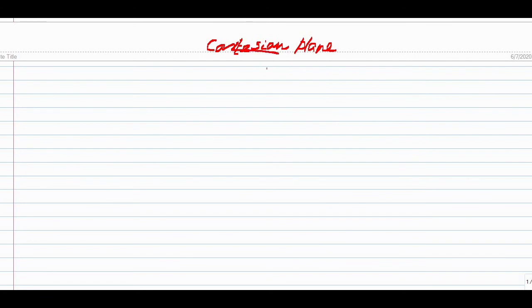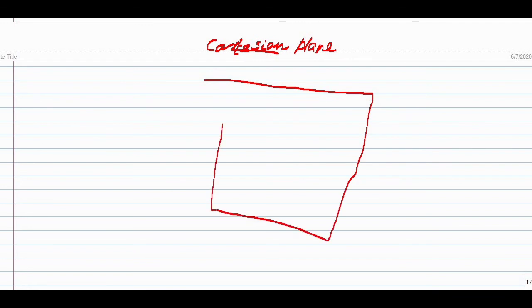Now what is a Cartesian plane? These words like Cartesian plane or Cartesian system are based on René Descartes. To honor René Descartes, it was named. So a Cartesian plane consists of a plane which is divided into four parts using x-axis and y-axis.